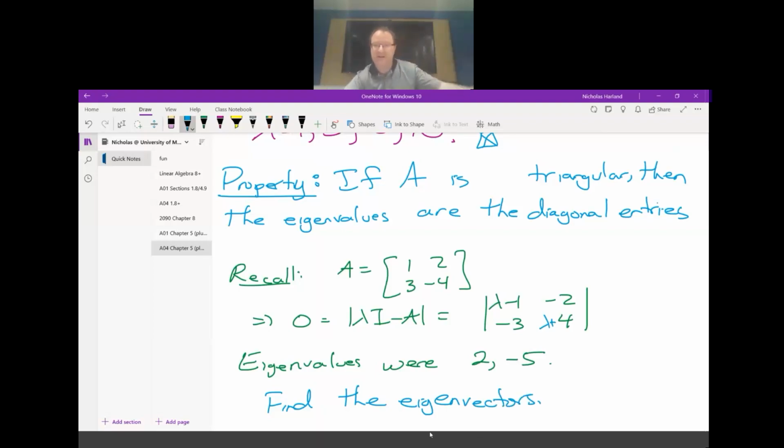Now we know how to find the eigenvalues. Let's find the eigenvectors. I said eigenspaces, so let's be consistent with my notes. Let's find the eigenspaces. They're almost the same. The eigenspace is the collection of all the eigenvectors, but also including 0.